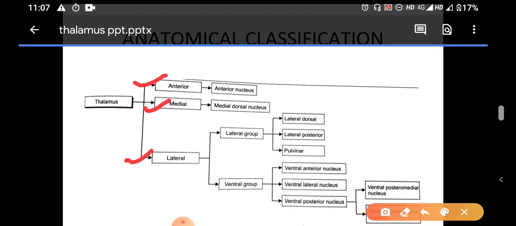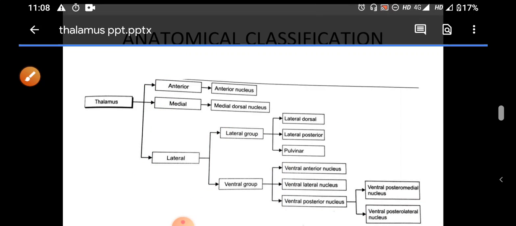Lateral is divided into the lateral group of nuclei and the ventral group of nuclei. The lateral group is further divided into lateral dorsal, lateral posterior and pulvinar group of nuclei. The ventral group is divided into ventral anterior, ventral lateral and ventral posterior. The ventral posterior group is further divided into ventro-posterior-medial and ventro-posterior-lateral nuclei.